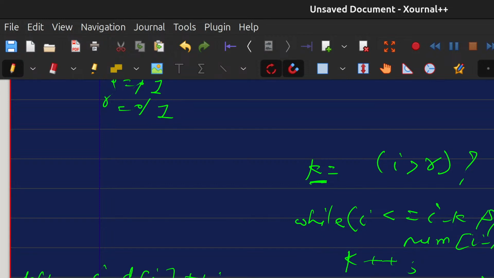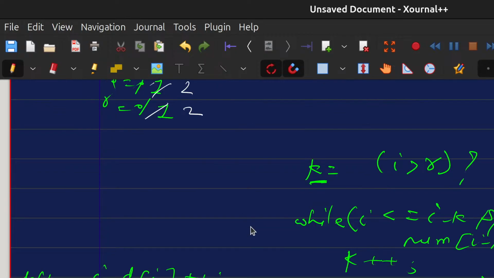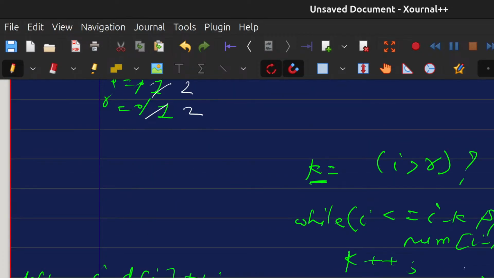L is equal to 2, R will be also 2. So this will become 2, 2. And d of I, after this K plus plus, d of I is equal to K. This is 1.